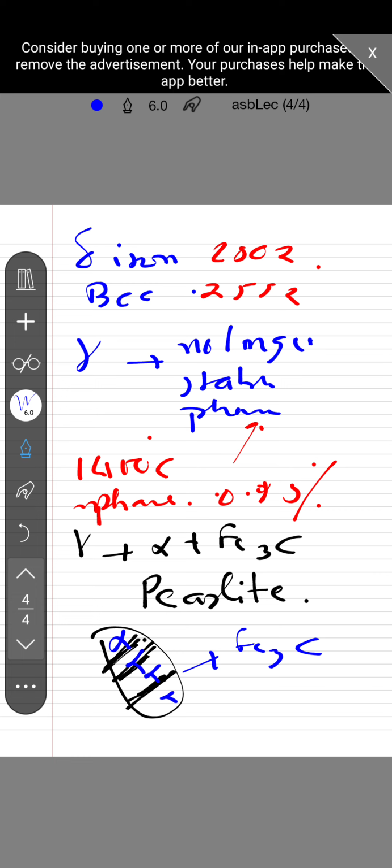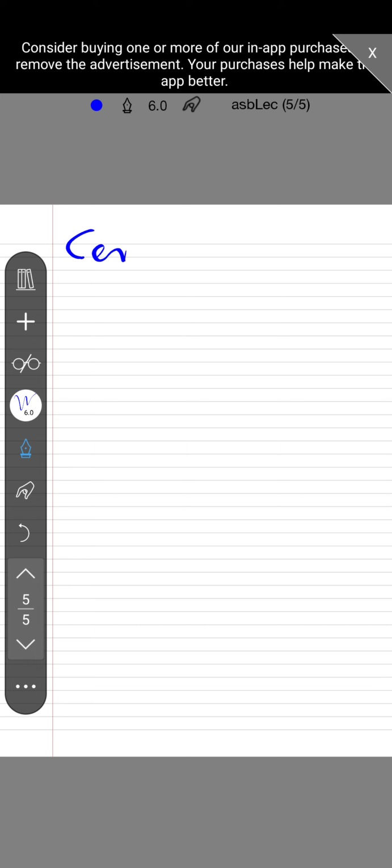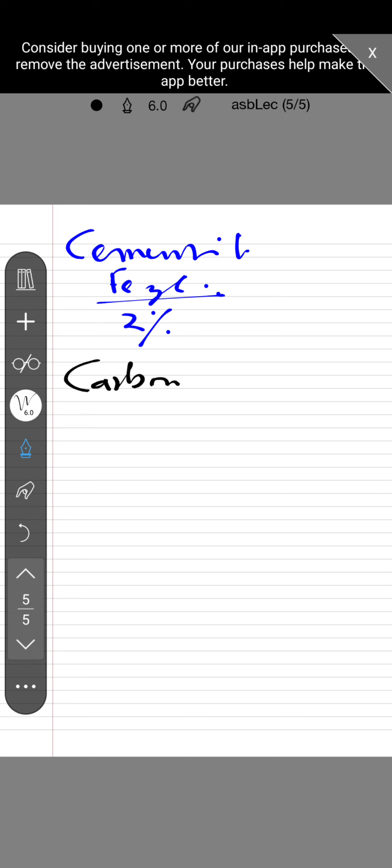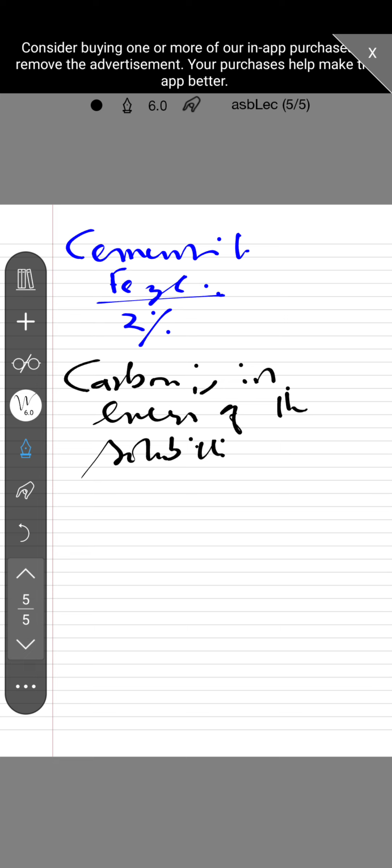Now cementite, or this Fe3C phase, forms beyond 2% of carbon, where it is assumed that the carbon is in excess of the solubility limit, and this cementite phase is formed.